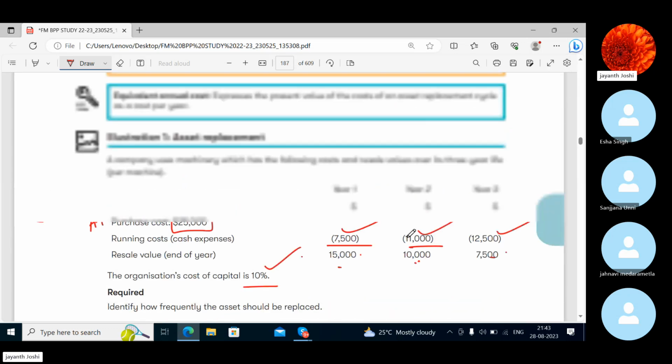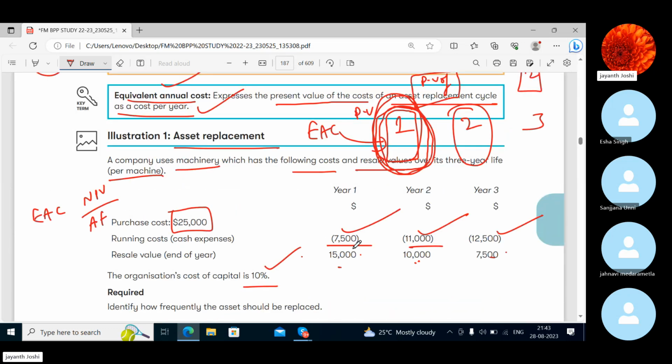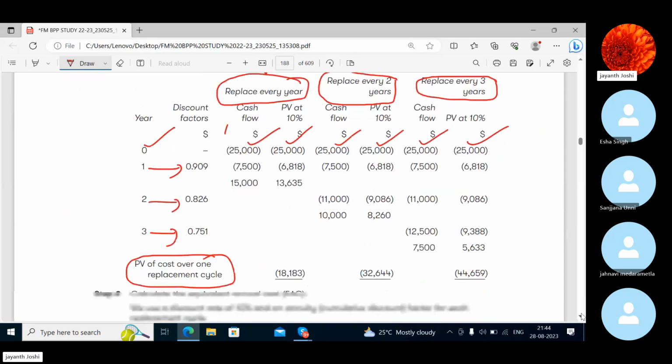Here it is given. Running expenses is 7,500 and resale value is 15,000. So I am going to take the running cost, and the scrap value, that means the resale value at the end of the first replacement cycle, will be 15,000.